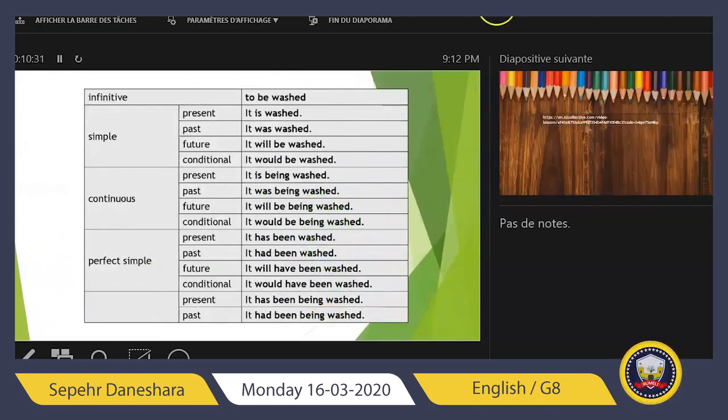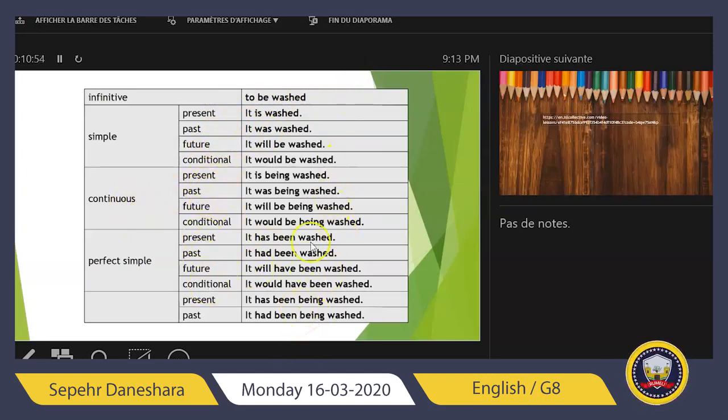Now, look at this board. You have all the possible changes you can have when you use passive form. Okay? Here you have the infinitive form, present, past, future, conditional, present again. If you have continuous, you have present, past, future, conditional.